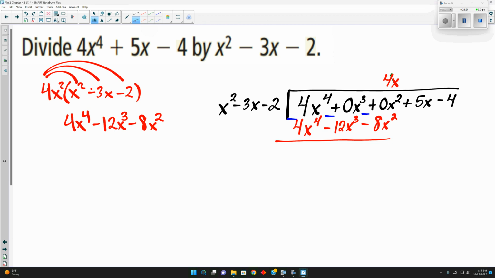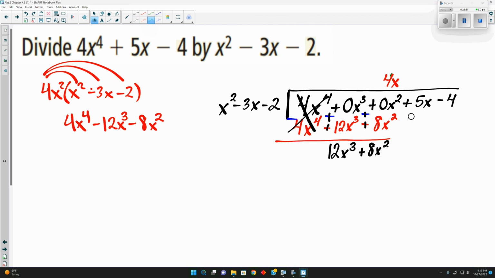Now 4x to the fourth minus 4x to the fourth is indeed 0, so they will cancel out. Our next one that we have is 0x cubed minus negative 12x cubed. This is just going to be 12x cubed. So 0 minus negative 8, or 0 plus 8x squared. It's going to be 8x squared.